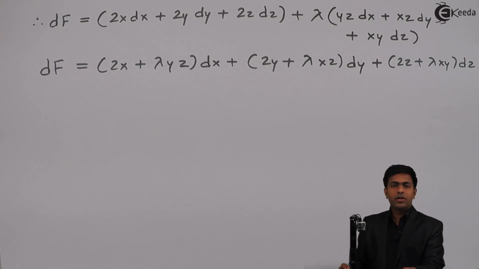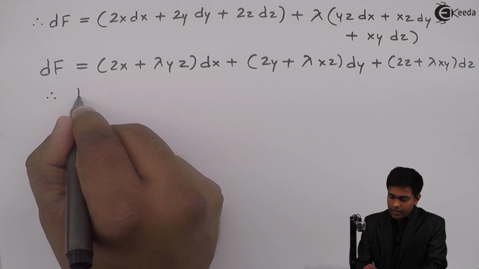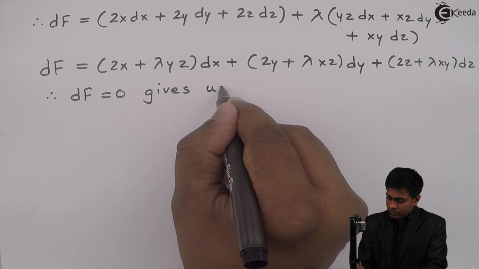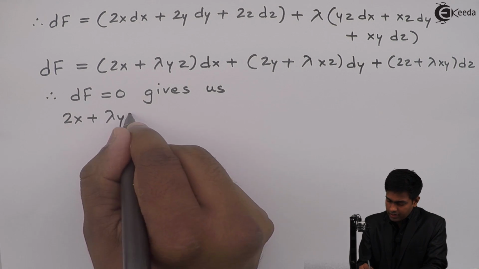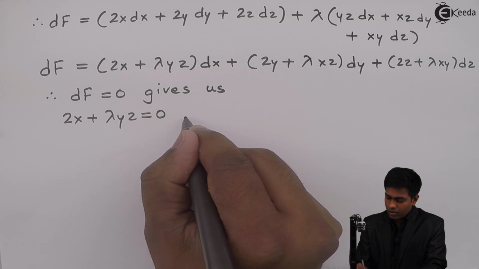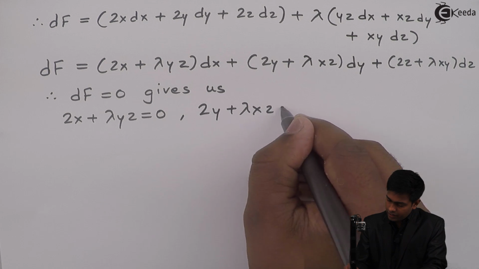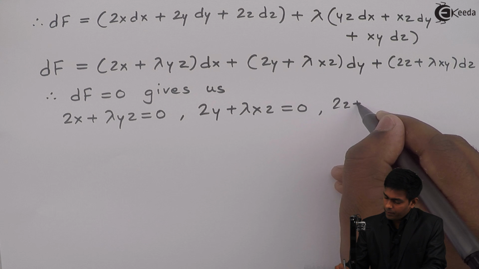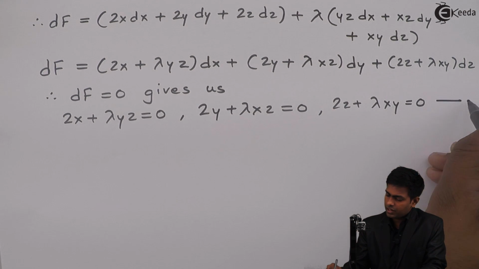Now to get the third equation, we'll equate this dF to 0. So dF equal to 0 gives us 2x plus lambda yz equal to 0, 2y plus lambda xz equal to 0, and the third equation is 2z plus lambda xy equal to 0. I'll say these three as equation number 3.